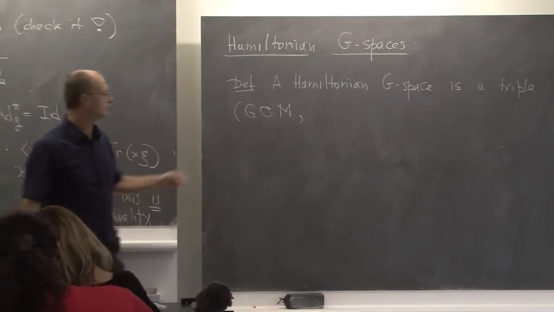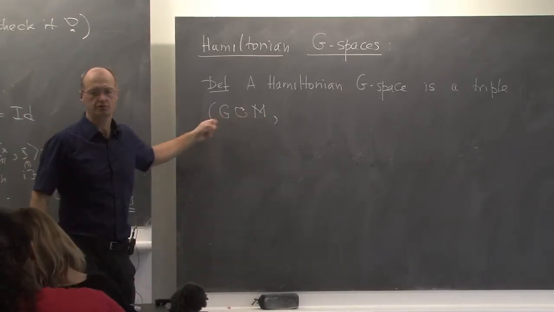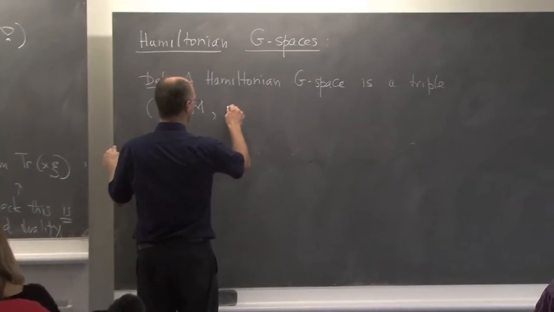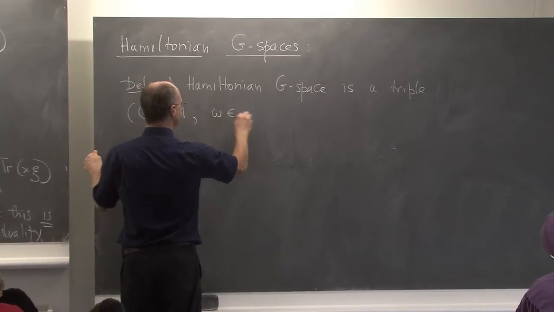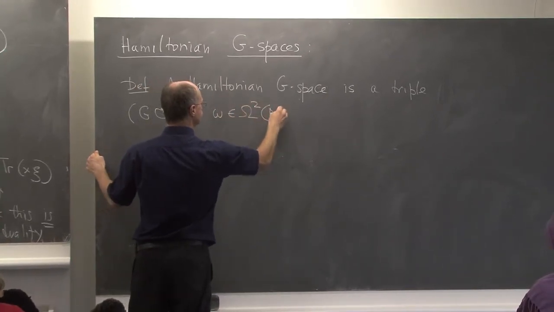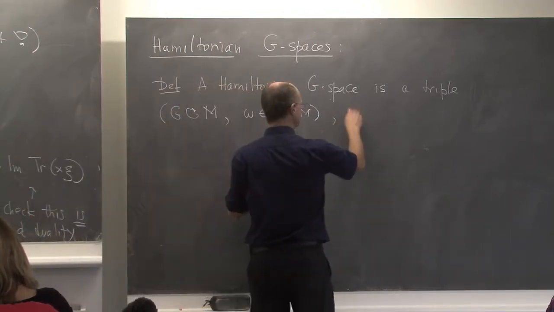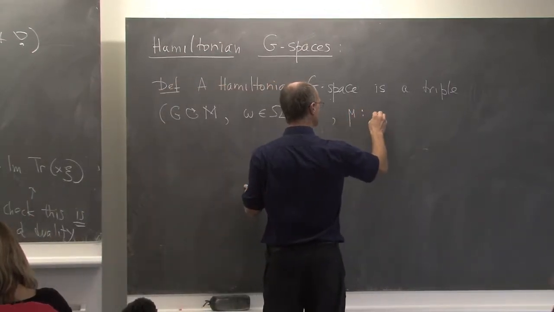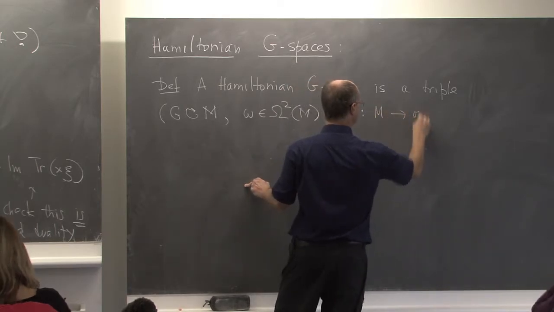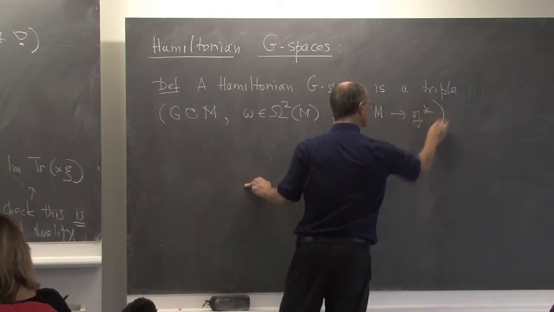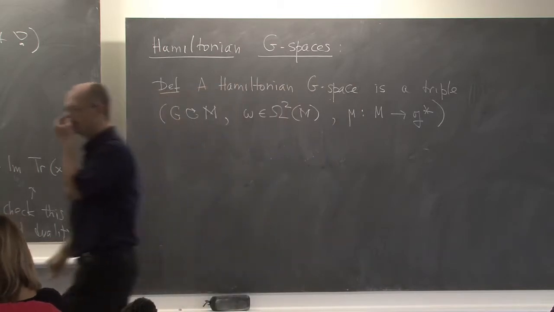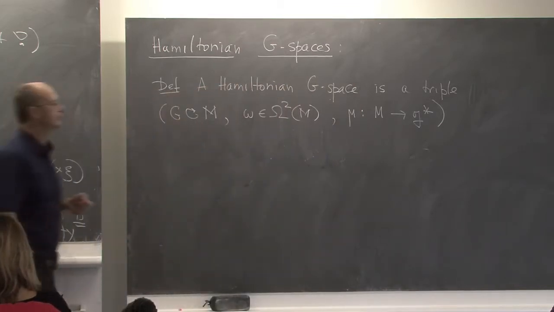So in this triple, we have a G manifold M. We have omega, a 2-form on M. And we have a map mu from M to the dual of the Lie algebra.